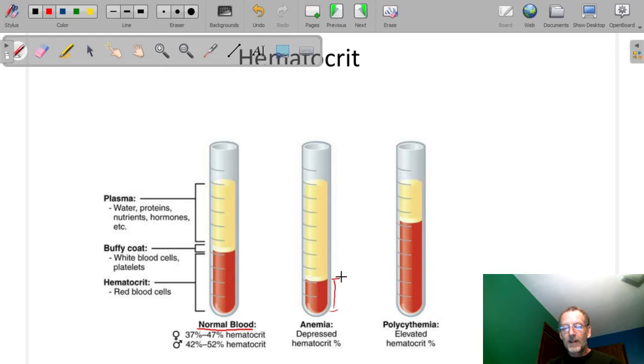On the other hand, if you have an elevated hematocrit, there's more than the normal amount of red blood cells, and that is an example of polycythemia. Generally, it denotes a problem in the bone marrow where the blood cells are being produced. So three examples of hematocrit: normal, anemia, and an example of polycythemia.